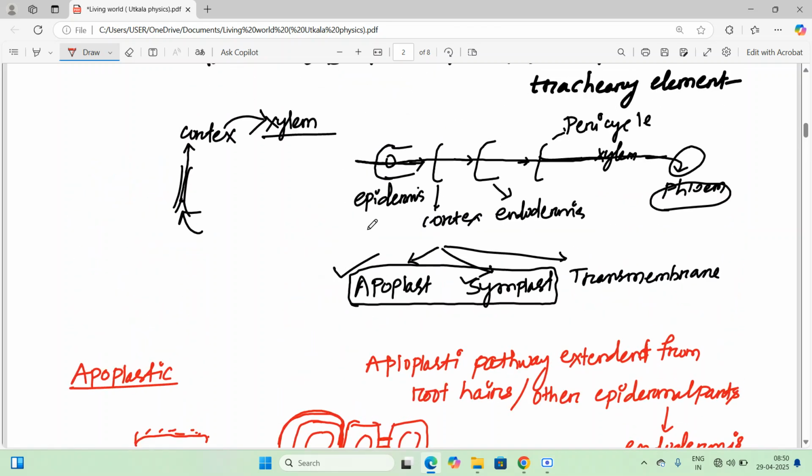From endodermal cells, movement is through the symplast. So from epidermis to endodermis, the movement is apoplastic, and from endodermis onward it is symplastic.